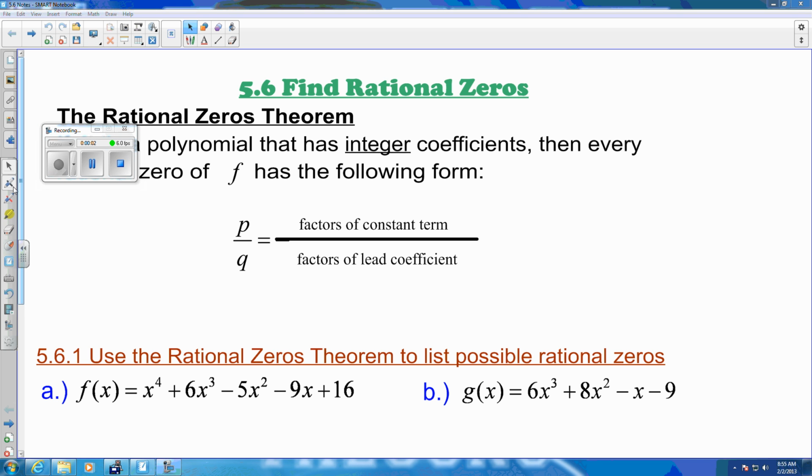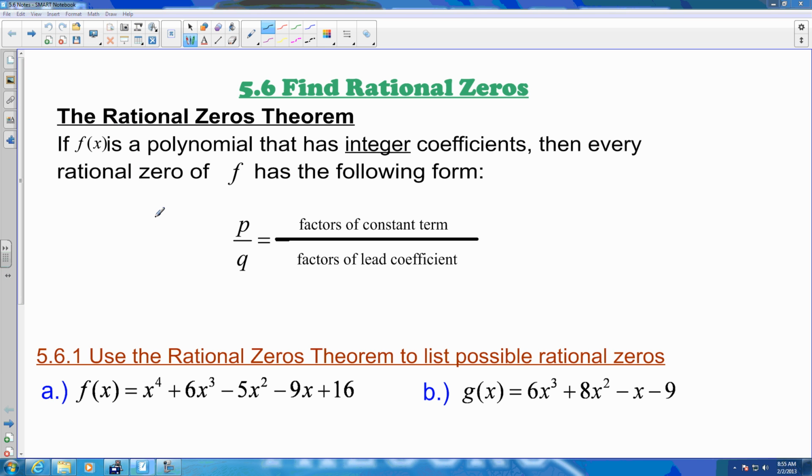All right, we are in section 5.6, finding rational zeros. This section deals with what is called the rational zeros theorem.